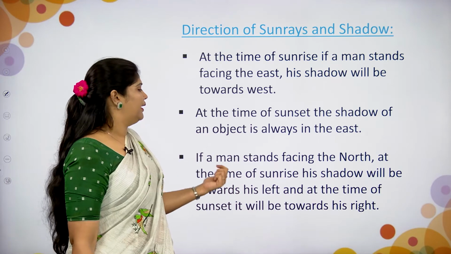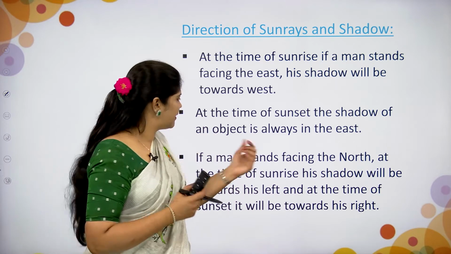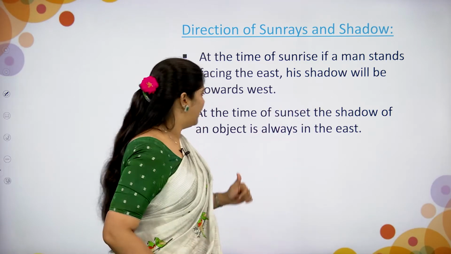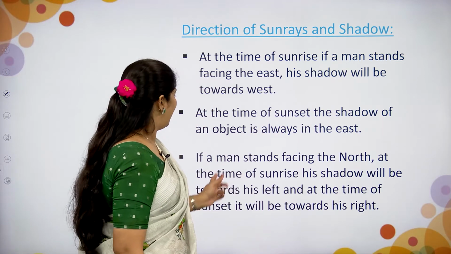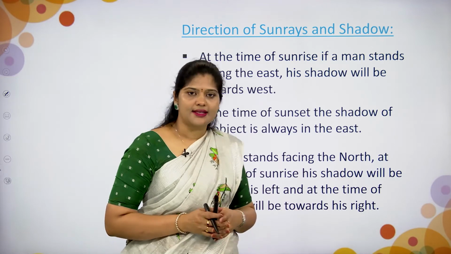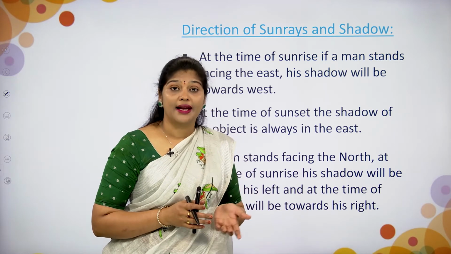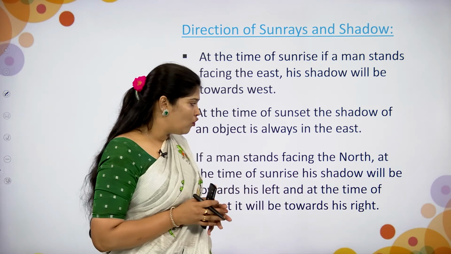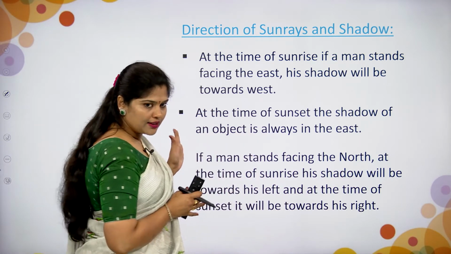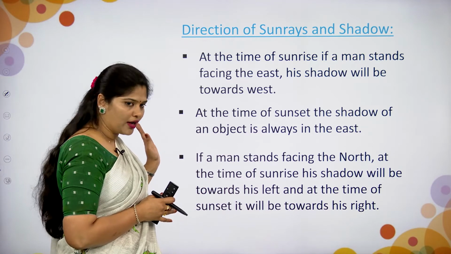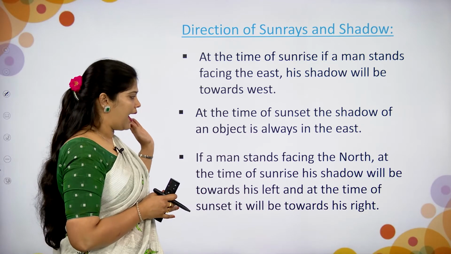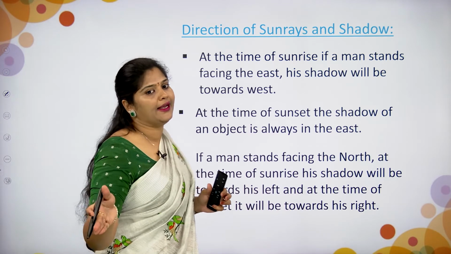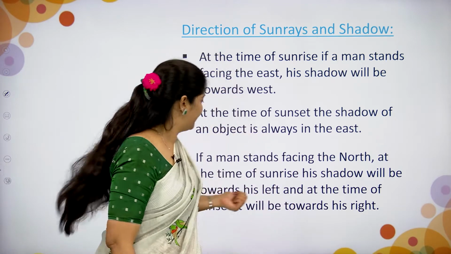See children, if I stand facing the north direction, at the time of sunrise, which means morning, his shadow will be towards his left, this is my left, and at the time of sunset it will be towards right. Okay children?